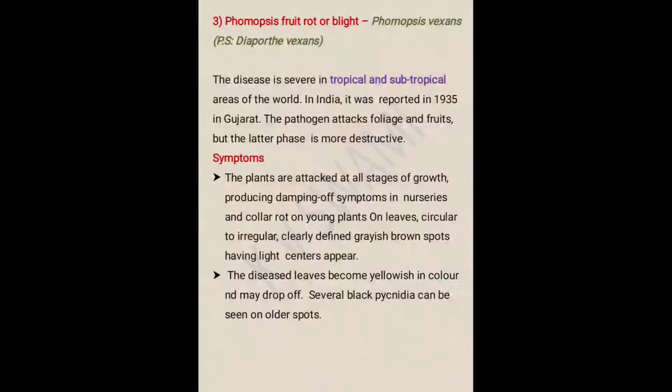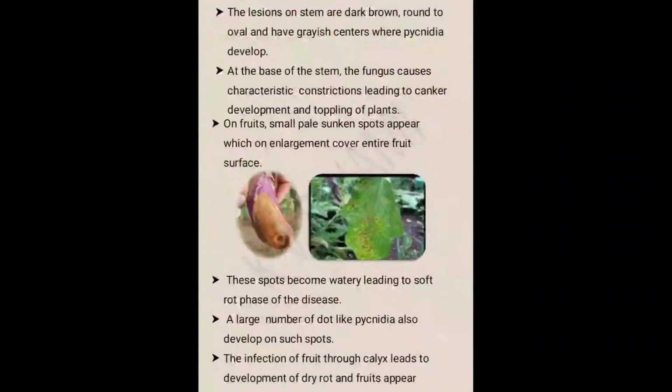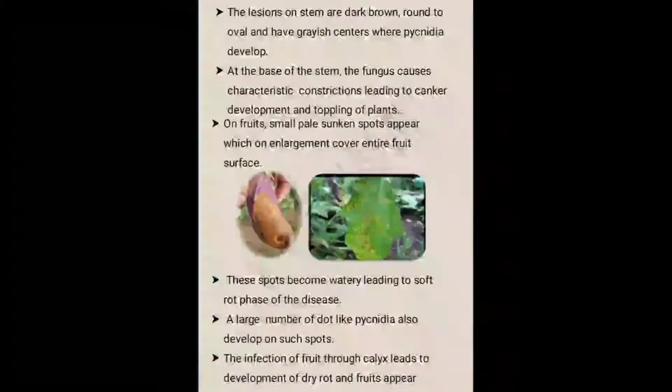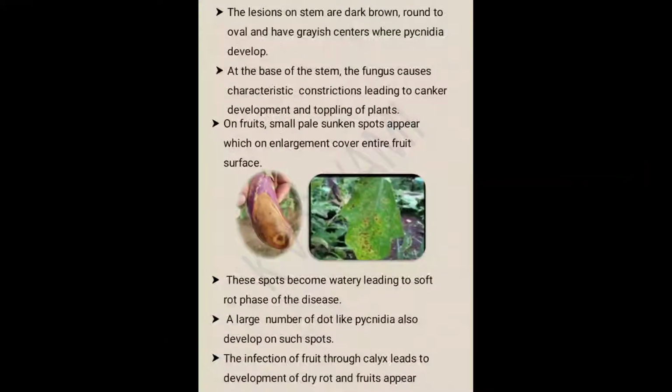Several black pycnidia can be seen on older spots. Next symptom, the lesions on stem are dark brown, round to oval and have greyish centers where pycnidia develop. At the base of the stem, the fungus causes characteristic constrictions leading to canker development and toppling of plants.